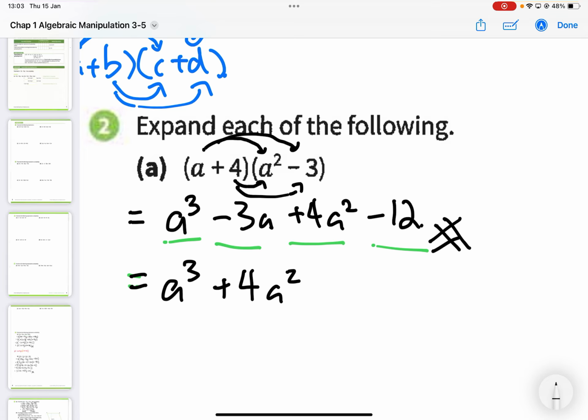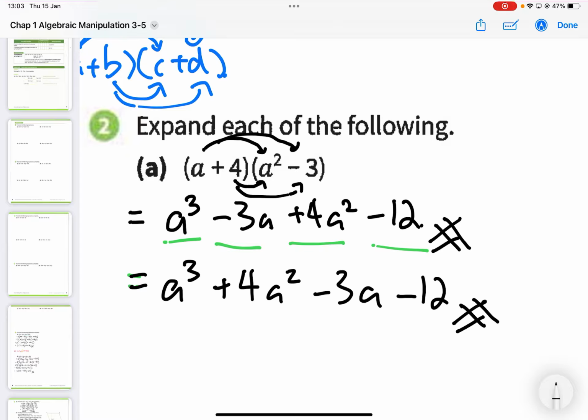Then the next term is the one with A, power 1, minus 3A. I put it here. Then the last term is the one without A. So now it looks like your answer. Okay? Exactly my answer. Why do you want to do it like that every time?